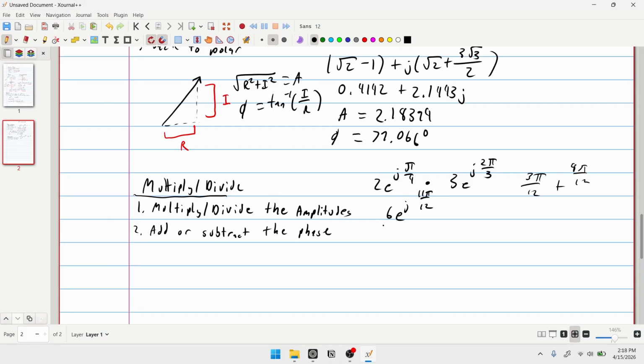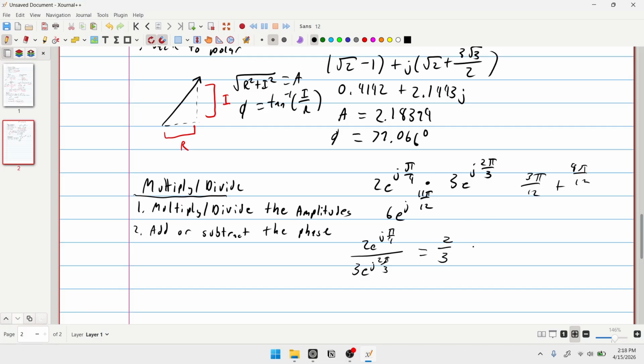Now let's say we wanted to divide. We have, write them out again, 2e^(jπ/4) divided by 3e^(j2π/3). In this case, we divide our amplitudes. So you have 2 over 3.